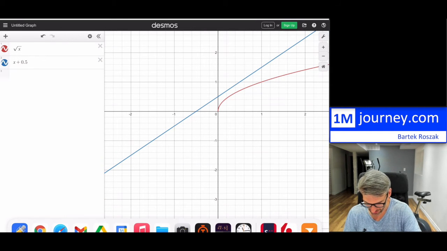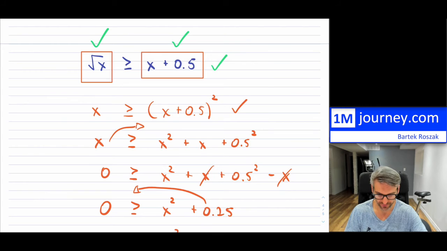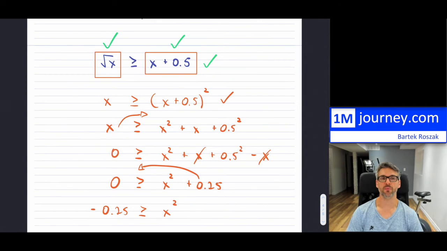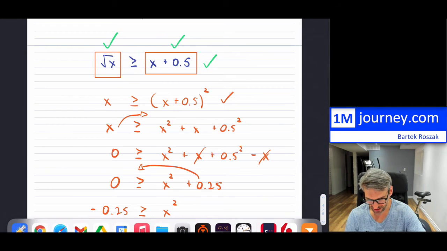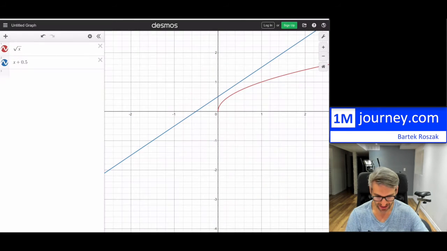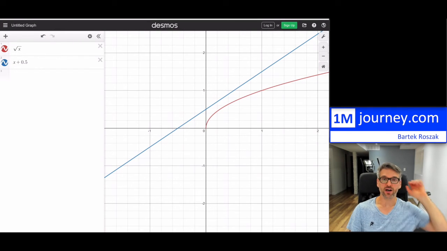Now what I'm looking for is when that square root of x is actually bigger than or equal to the line. Going back, the red one, which is the square root of x, is actually never bigger than or equal to the line. That never happens in this particular case.